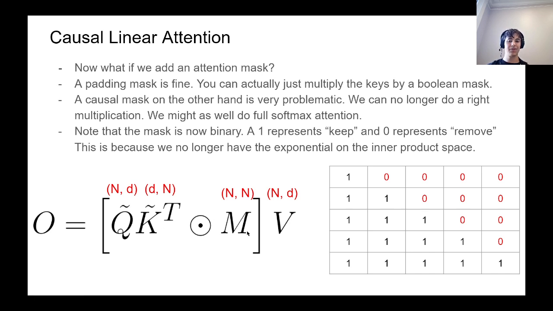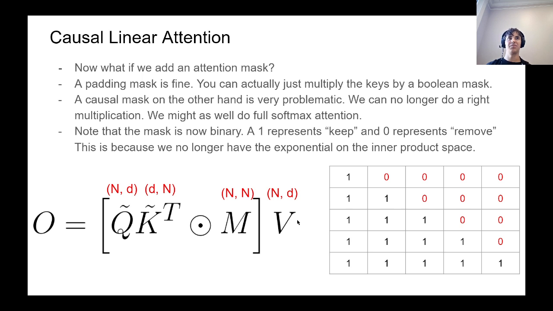Instead of negative infinity representing do not send information, 0 does, and instead of 0 representing send information, 1 does. So it's multiplicative instead of additive. You multiply that on the attention matrix here.